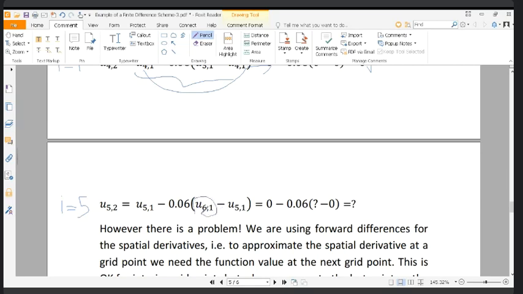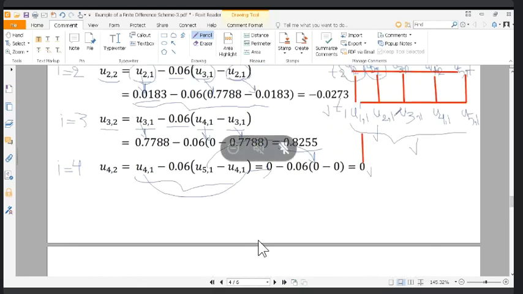Do you have the value of u6,1? What's the value of u6,1? At T1, we have u1,1, u2,1, u3,1, u4,1, and u5,1. We do not have u6,1, okay? The end point is x5.